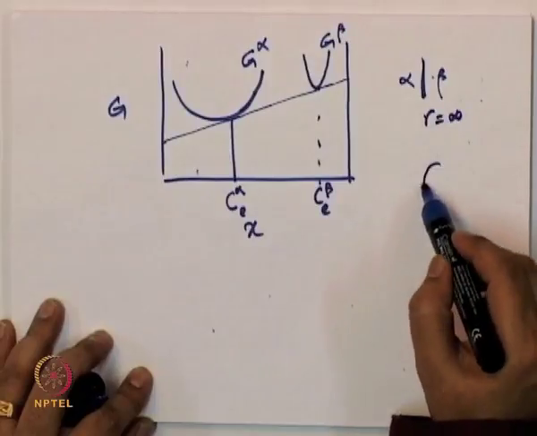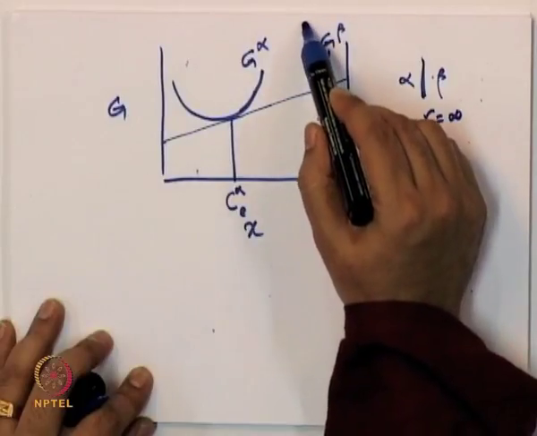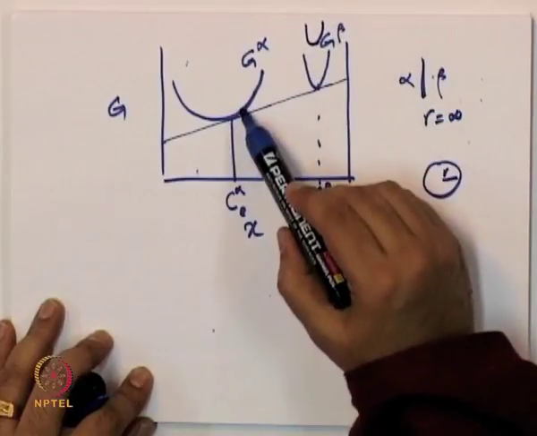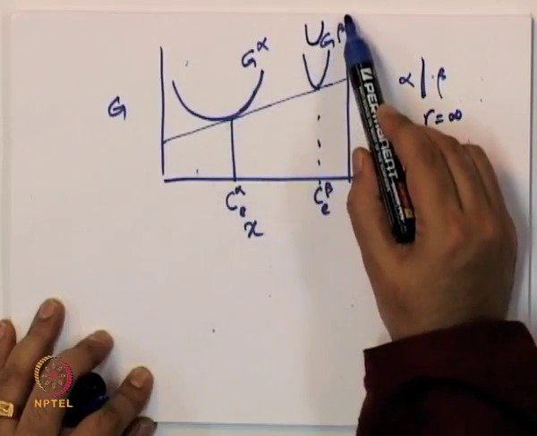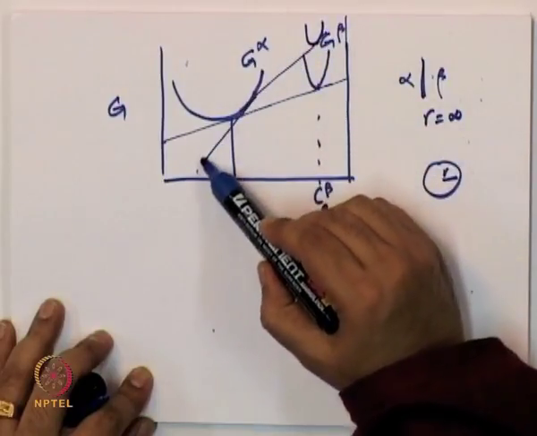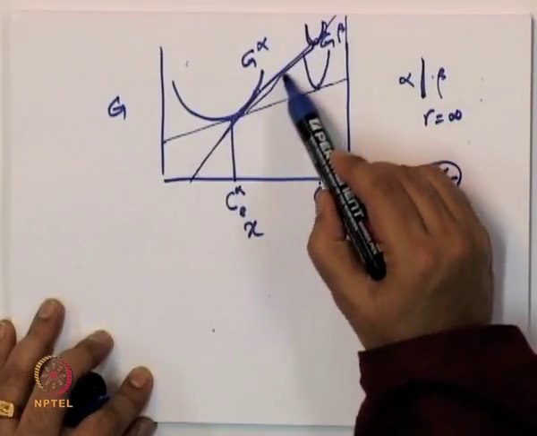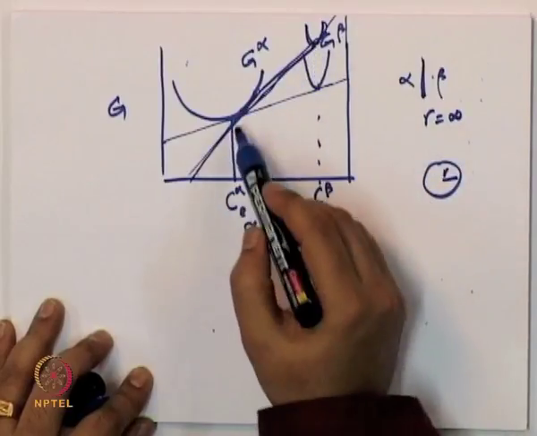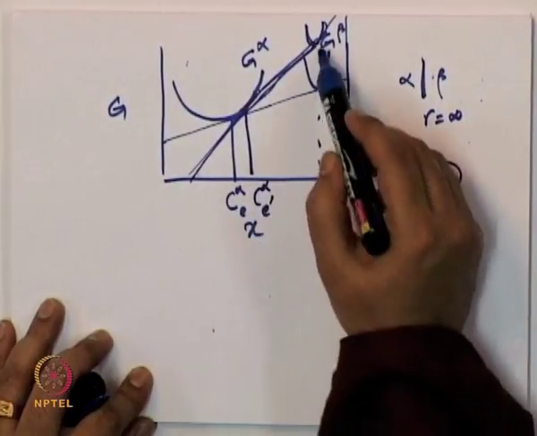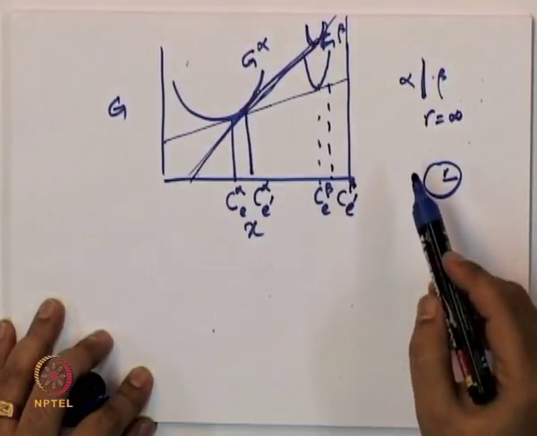Suppose there is a beta of given R, then this curve is shifted upwards, which means if you draw a common tangent between these two curves now, then that common tangent cuts both these curves to the left. So, this is now C E prime alpha, and this is C E prime beta.